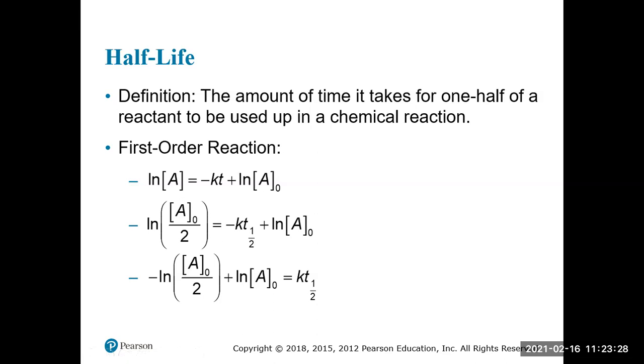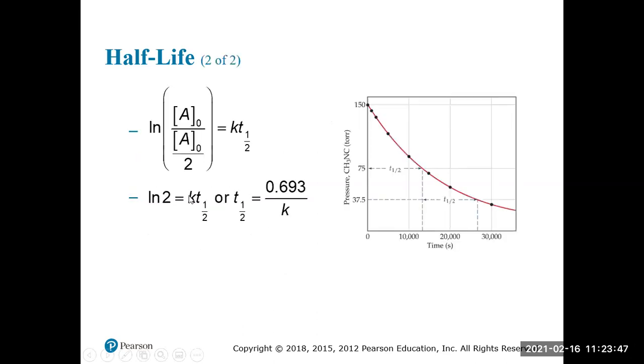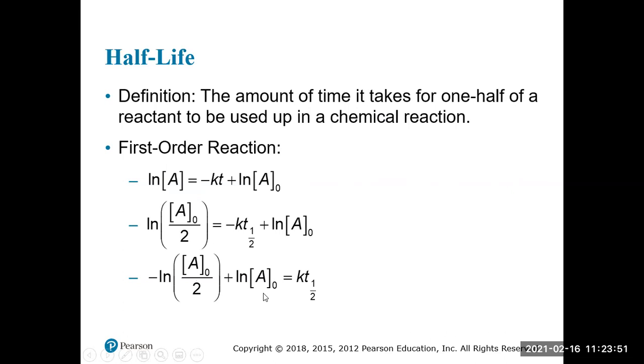Now, if we do some rearranging, we get the concentration terms both on the same side of the equation, and we get this next relationship. Then, going back a bit, we can rearrange again.